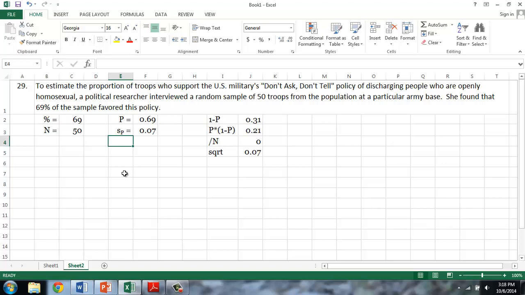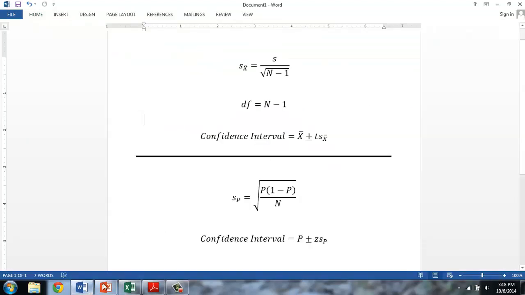Either way, we now have our proportion and the standard error of the proportion.